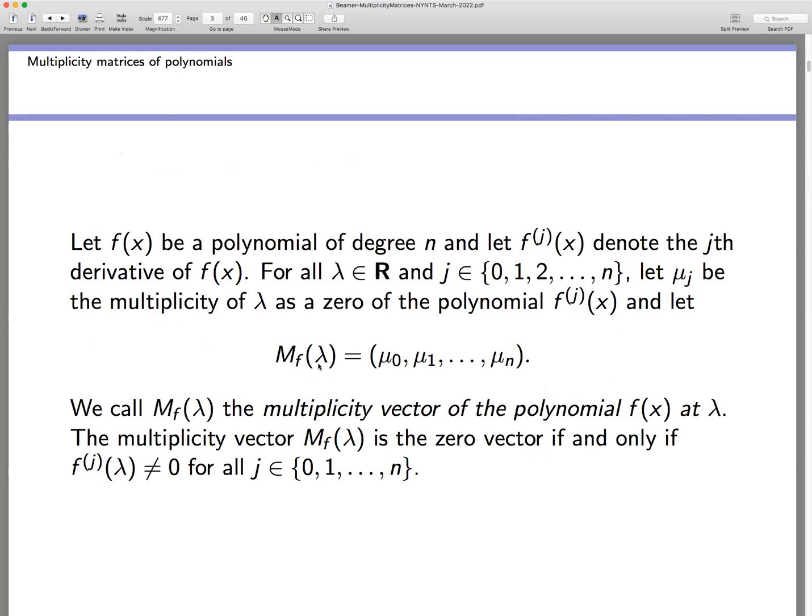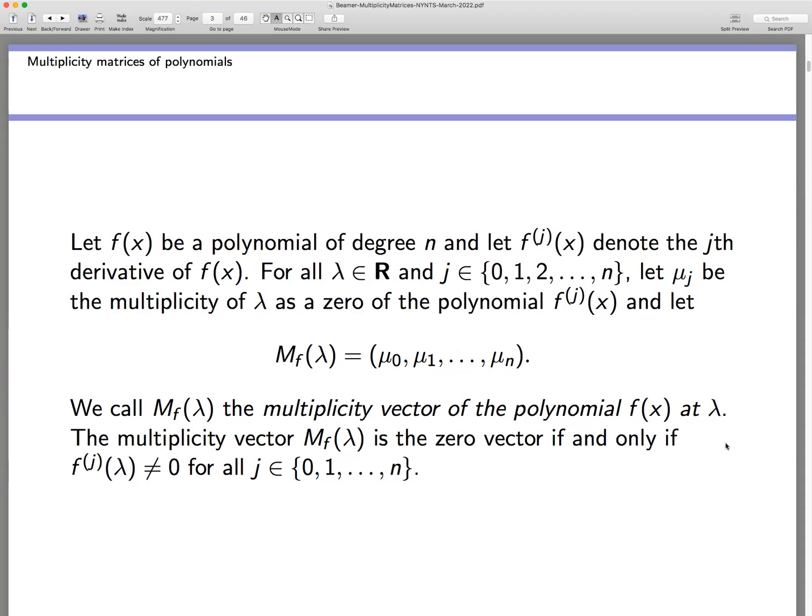And m_f of lambda is the multiplicity of lambda as a root of f. So mu_0, mu_1. So lambda is a root of f of multiplicity mu_0, of the first derivative of multiplicity mu_1, and so forth. Of course, the nth derivative of a polynomial of degree n is a non-zero constant. So mu_n is always 0. So we call this the multiplicity vector of the polynomial at lambda.